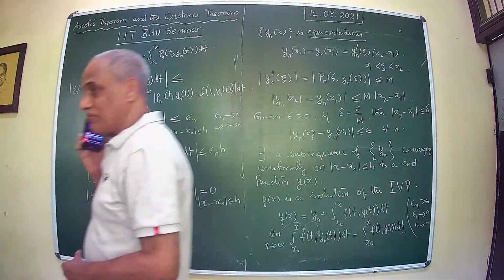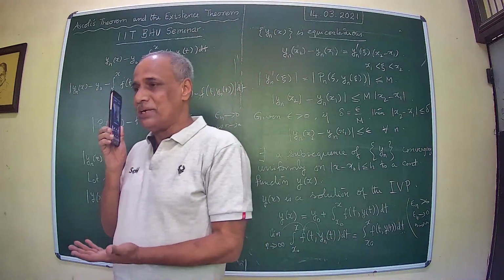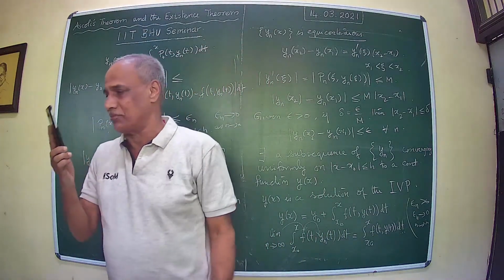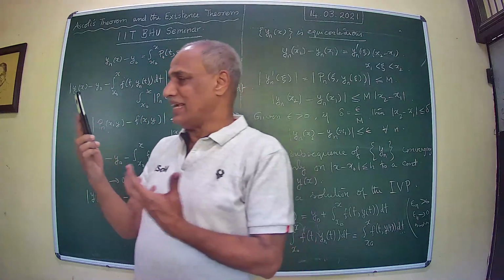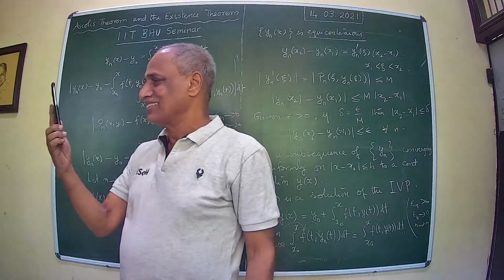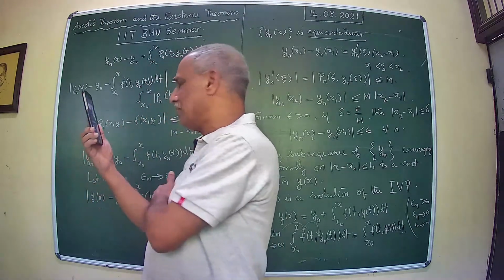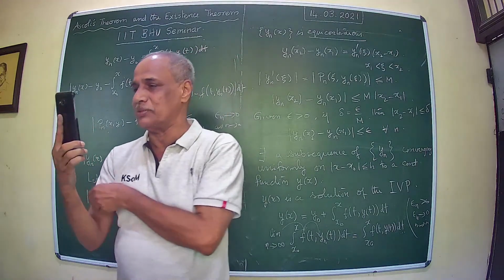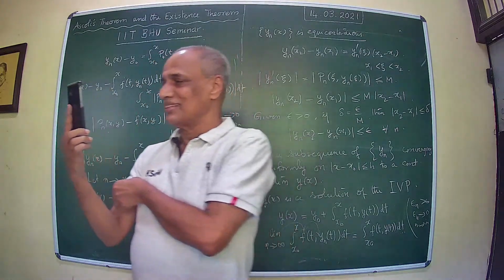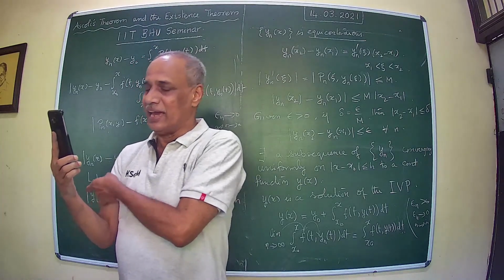No. See, these polynomials are smooth functions, but you don't need that much restriction on f. You are not assuming Lipschitz. So what is the condition that you have in the Weierstrass approximation theorem? The limiting function need not be Lipschitz.